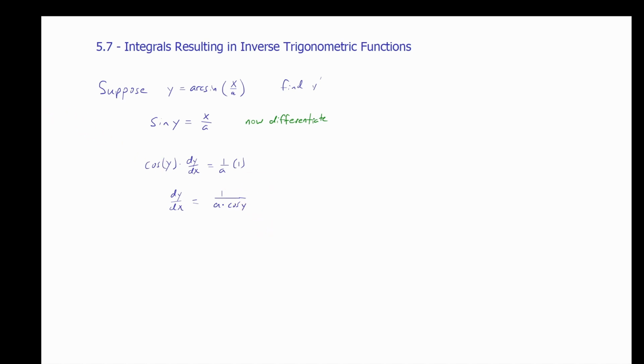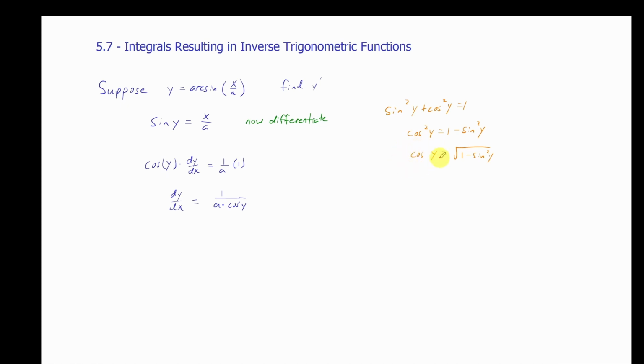If I use a Pythagorean identity now, sine squared y plus cosine squared y equals 1, then cosine squared y is 1 minus sine squared y. So cosine of y is either positive or negative square root of 1 minus sine squared y. We're going to use the positive square root.